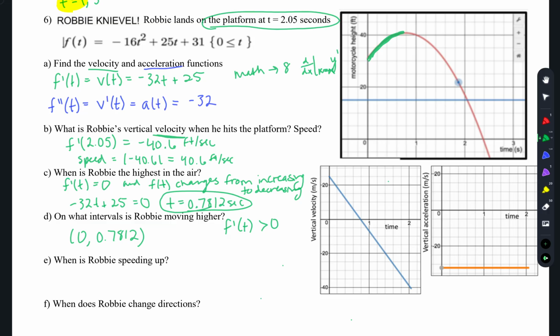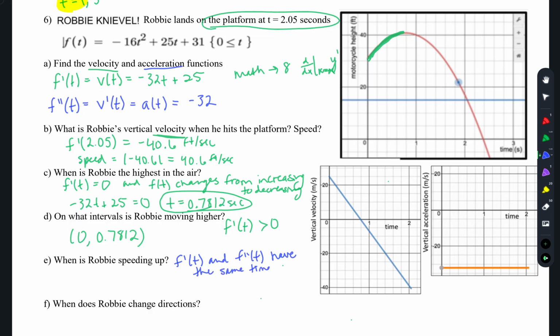The time I'm speeding up is when I'm moving down and gravity is pushing me down. So I've got two things working together when I'm talking about speeding up. I need my velocity and my acceleration working together. That's how I think about that one. So this one is going to be when f prime of t and f double prime of t have the same sign.